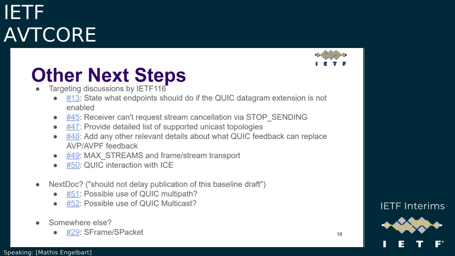Then we have 2 issues on QUIC multicast and QUIC multipath, which we think may be rather to be solved in a follow-up document, because those are themselves still work in progress, and we're not sure if we will be able to solve or say anything about these in the current version of RTP over QUIC.